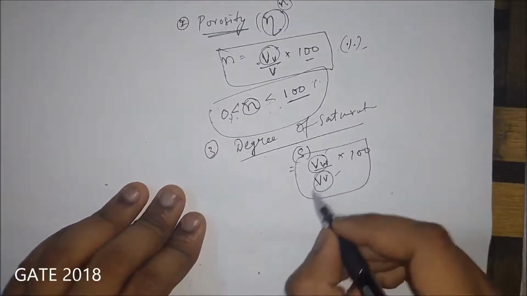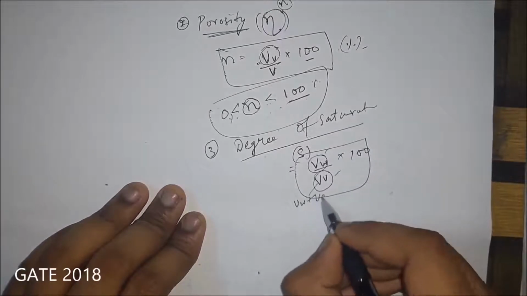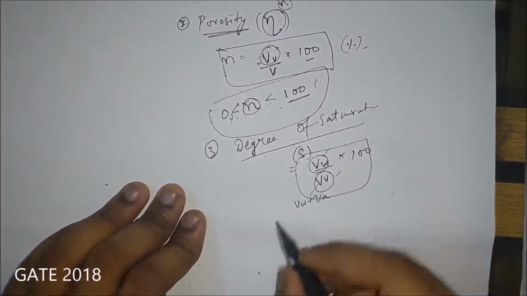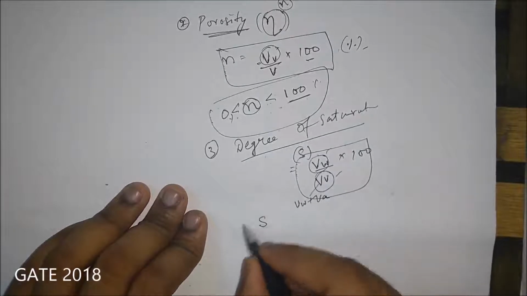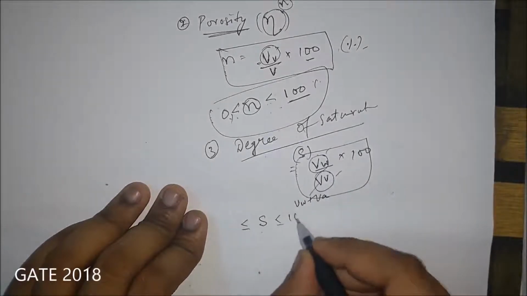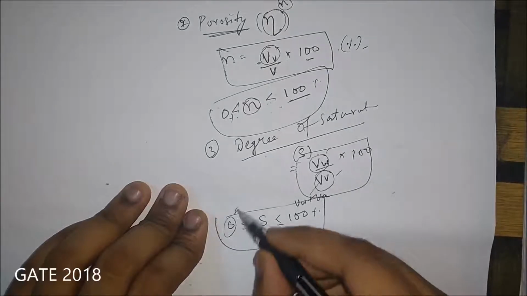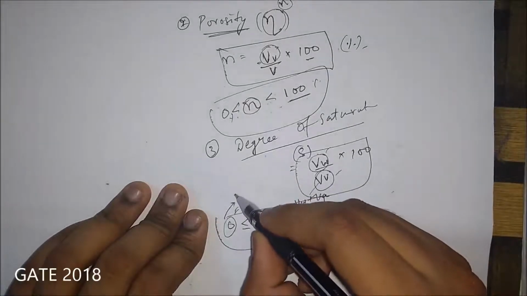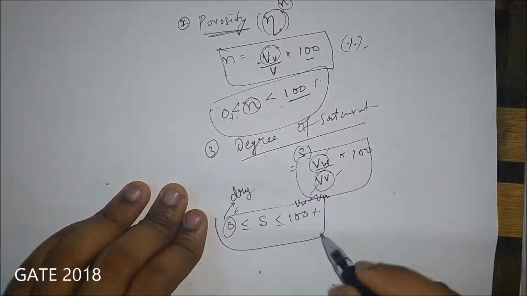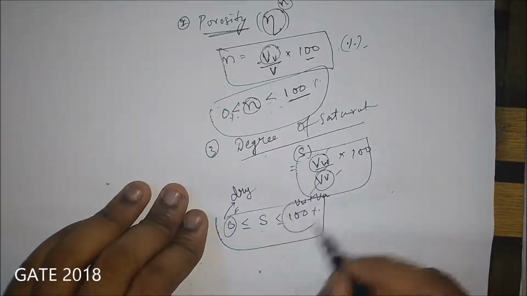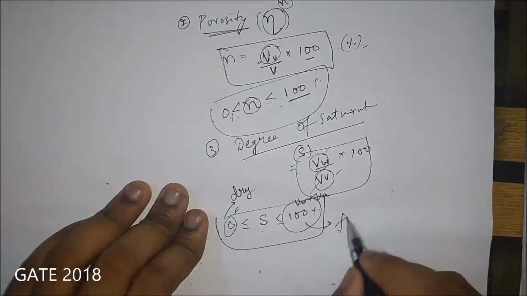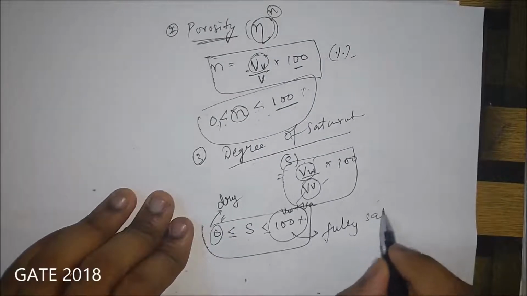Volume of voids is nothing but volume of water plus volume of air. There's nothing much here. Only thing is S has the limit as this. It can be equal to 0, which means completely dry state of the soil, and it can be 100 too, which is fully saturated case.